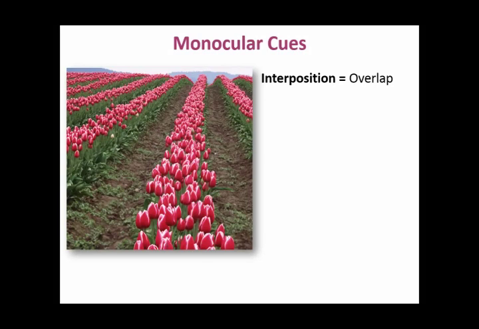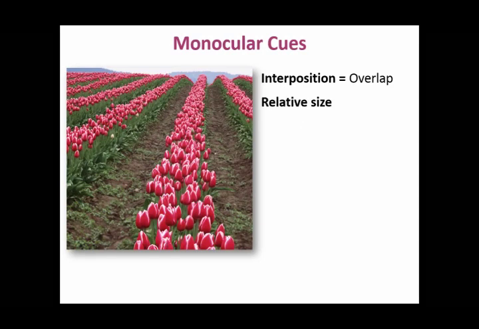So if we look at the tulips, you see that the ones that are closer are blocking our view of the ones that are farther away, and so on. And the rows that are closer to us block our view of the rows that are farther away. Okay, that's interposition. Relative size. The tulips that are in the foreground look much bigger than the ones that are in the background, right? Things that are closer to us appear bigger than things that are farther away.